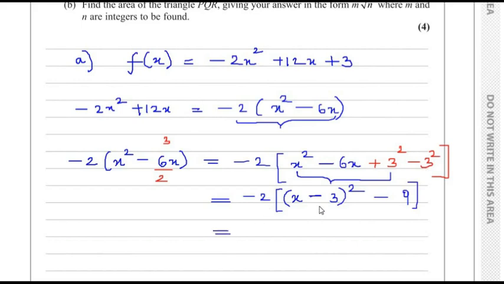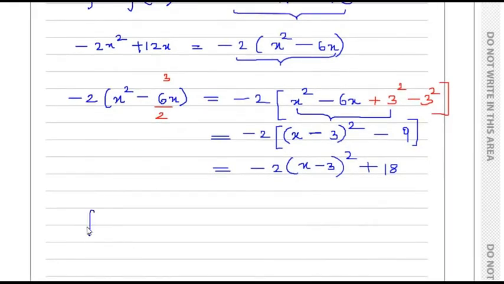Now let me just open up the brackets. So it becomes minus 2 times (x minus 3) the whole squared, and minus 2 times minus 9 gives us plus 18. So this is what we have for the first 2 terms which we have taken in this expression. Now let me substitute whatever I got here in this expression of f of x.